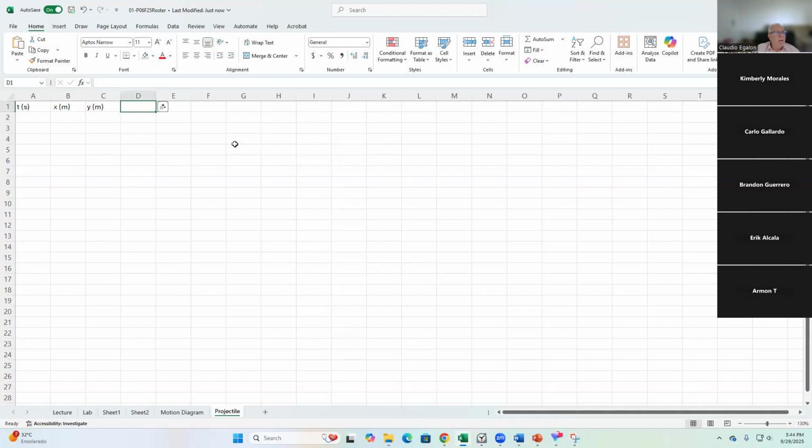I'm going to need X naught, I'm going to put it equal to 0. Y naught, I'm going to put equal to 0. We are going to need the initial velocity, or let's say initial speed. We're going to need the launch angle.